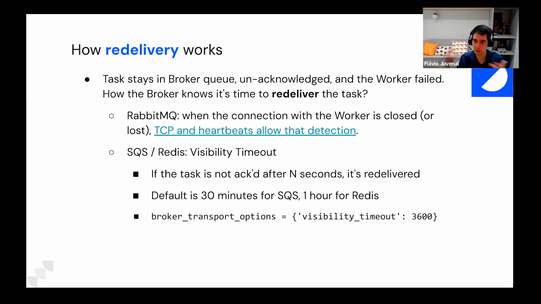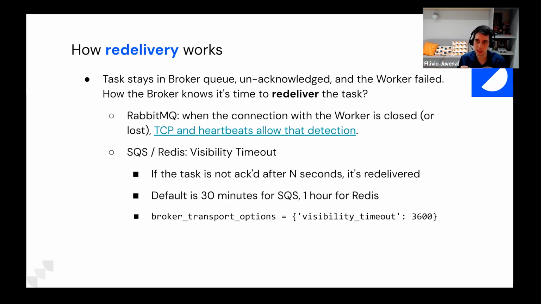It reset, the machine was shut down, anything. So when the connection is lost, RabbitMQ knows: okay, I just sent 3 tasks to that worker, I never got the acknowledgement for those tasks, now I have to redeliver them. Because they weren't done. They were interrupted because the worker has died.